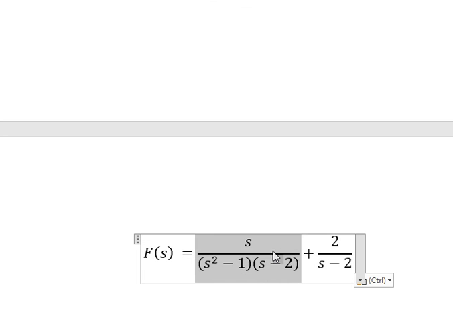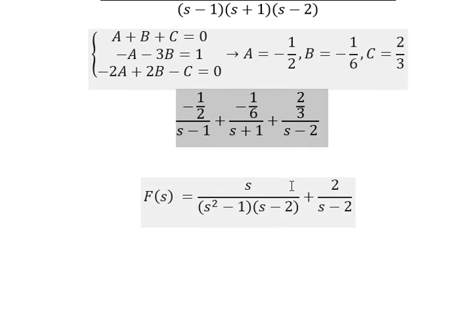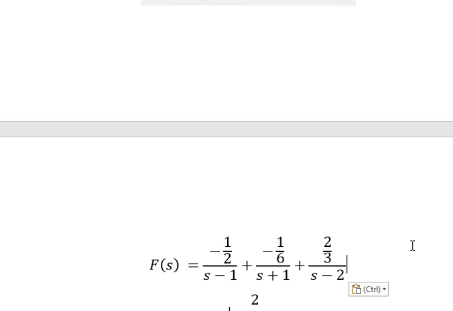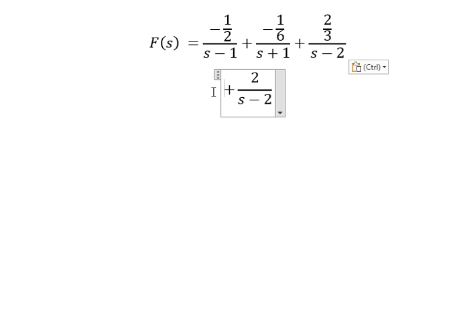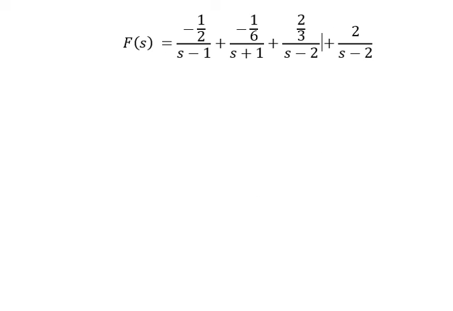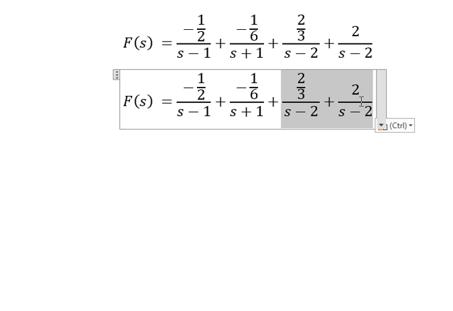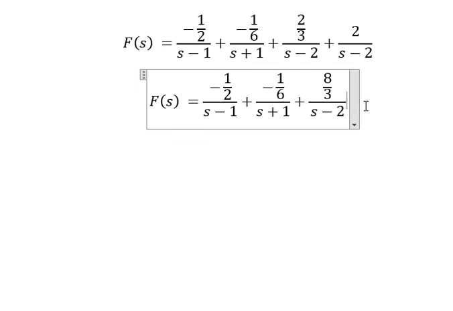So this one, that is this one. And now we need to simplify this one in here. So we have 8 over 3. And now we have the formula in here.